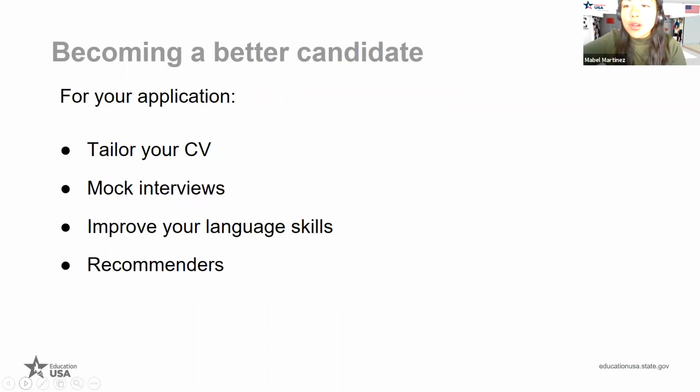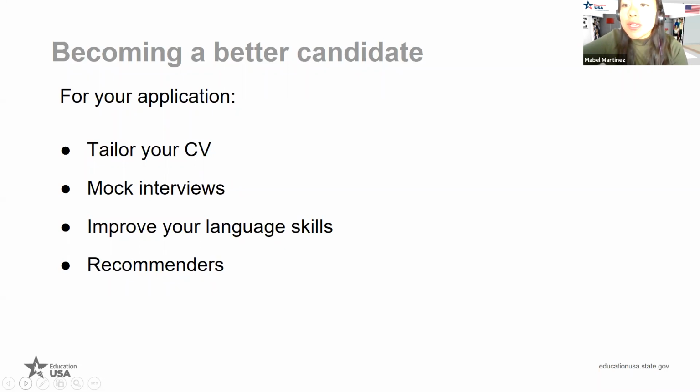Exactly. And just a couple more tips when you are applying for financial aid. Please make sure to tailor your CV according to your strengths. That's why it is important that you know that you can improve your eligibility profile, because you can come up with more activities, more jobs to add to your CV. Also, a lot of these types of financial aid will require that you have an interview.